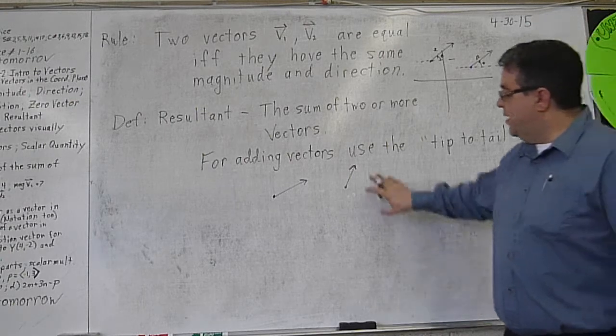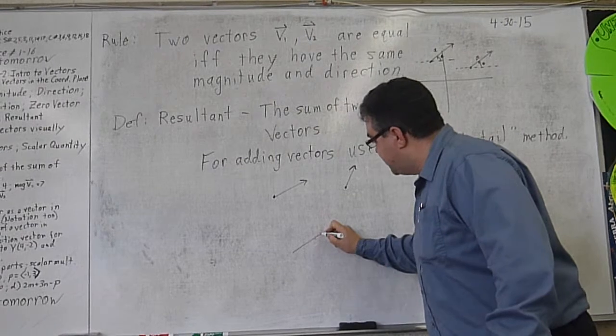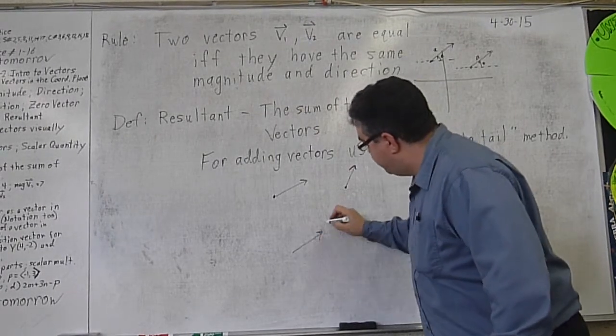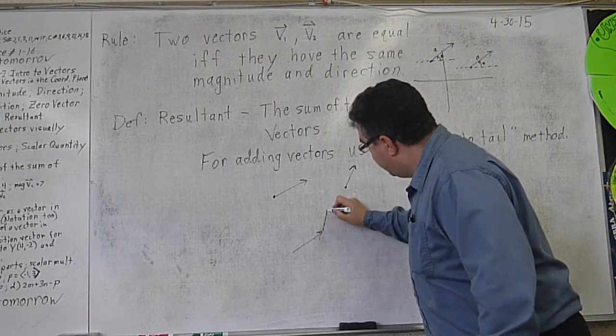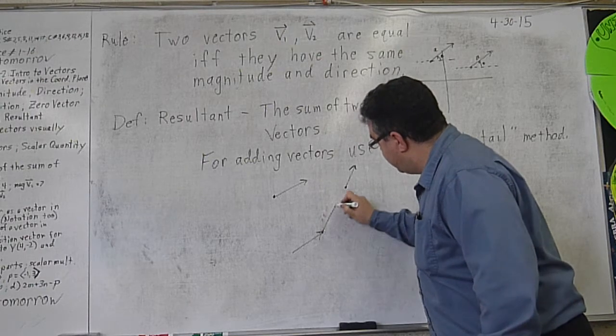Okay? So if I were to pick up this one and put it over here, all of a sudden I get something that looks, if I can sort of draw it the same, like that, and then like that.